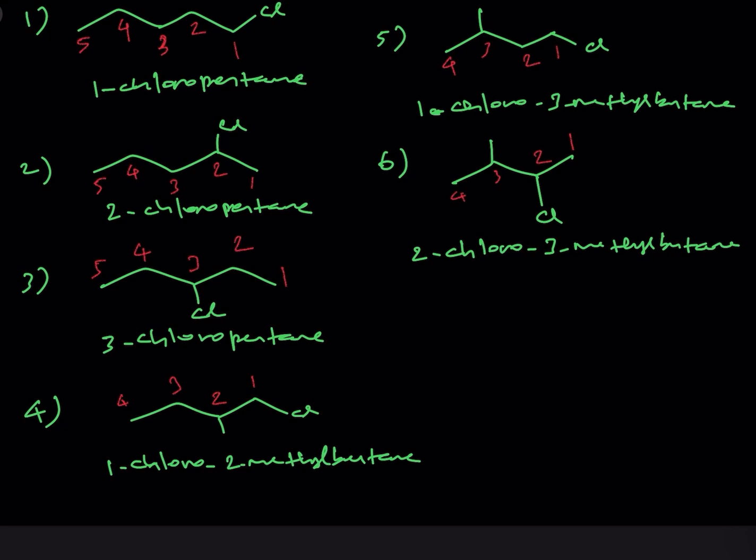If you number it the other way around, the substituents are once again getting 2 and 3. So whether you number it in the forward direction or reverse direction, the numbering of the substituents will be 2 and 3. So when you have a tie like this, then you need to number it based on the alphabetical order.